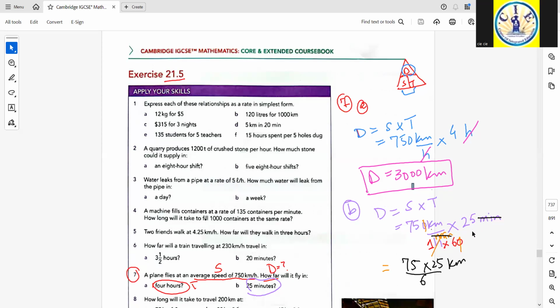Simplifying them, 75 times 25 is 1875, and this divided by 6 is 312.5. So 312.5 kilometers is the answer to part B.